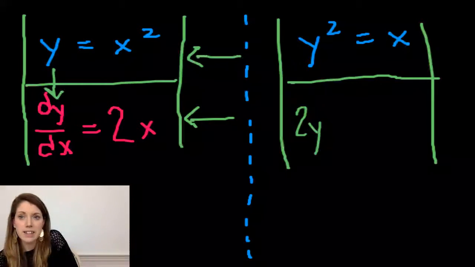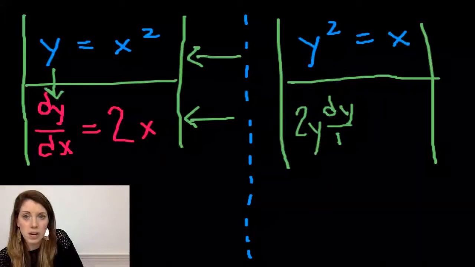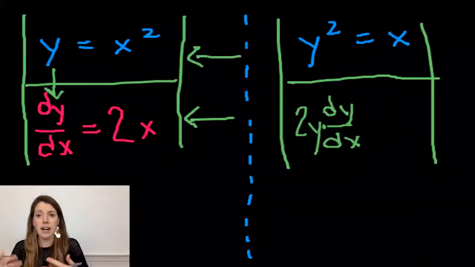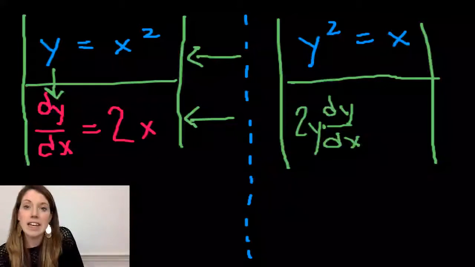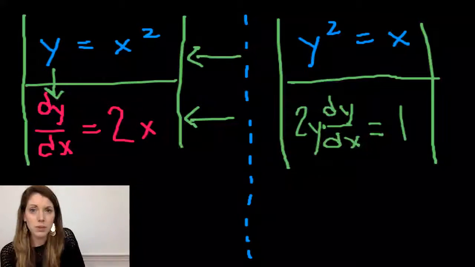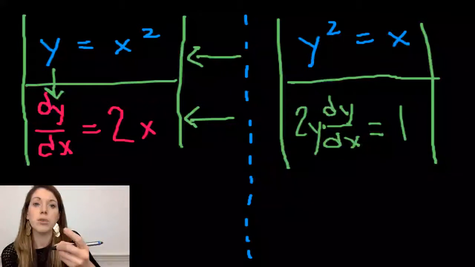The derivative of y is dy dx. So the outside function is 2y times the inside function, dy dx. So this is the chain rule in a regular looking problem. It doesn't look like we have an inside and outside function, but we do. And on the right-hand side, we have the derivative of x, which is actually 1, because it's x to the first power. Swing the 1 to the front, and then it goes down to 0.